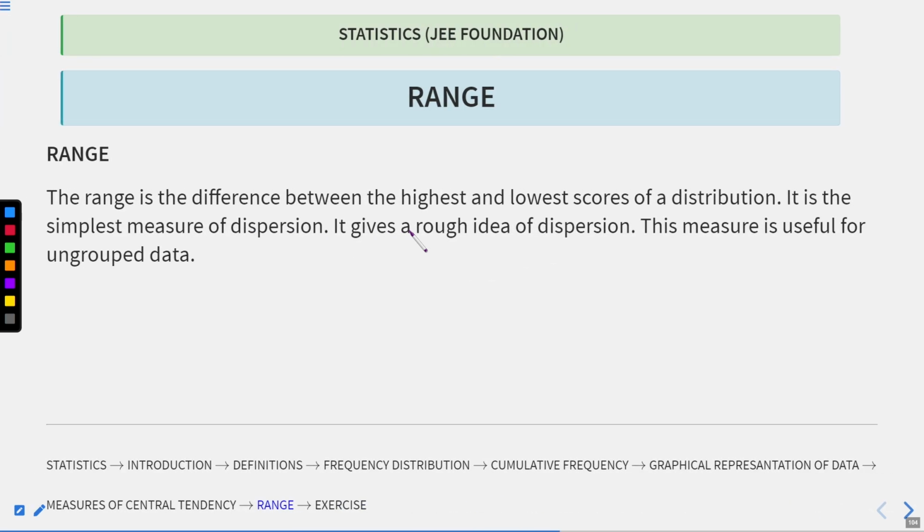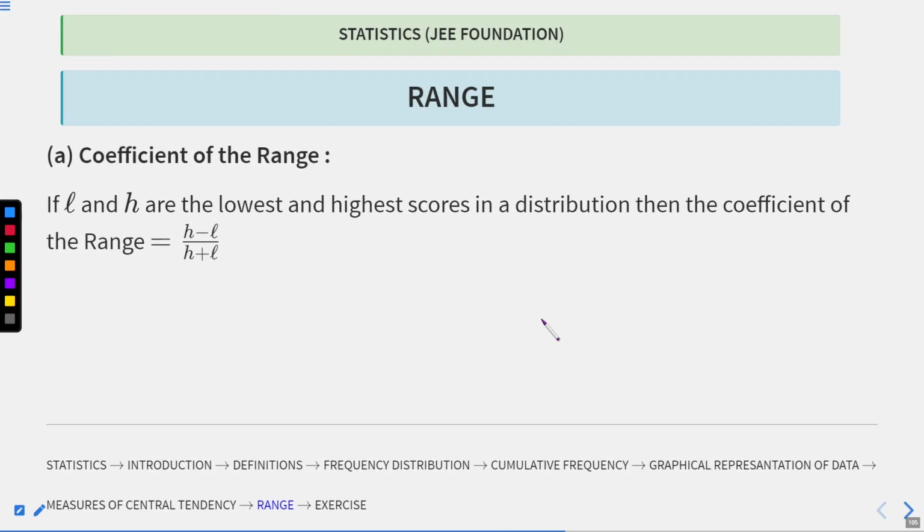So let's move next. Now we see the definition of range. The range is the difference between the highest and the lowest scores of our distribution. It is just the highest value minus the lowest value. Now let's see the coefficient of range.